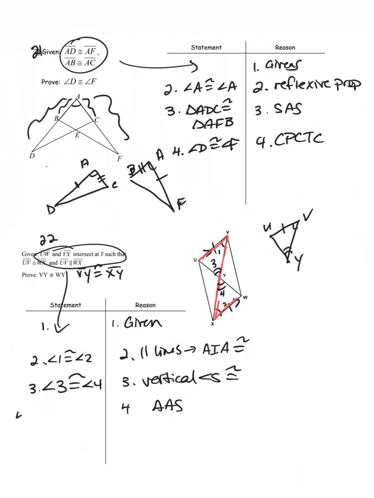Okay, so triangle UVY is congruent to triangle WXY by angle, angle, side, because the side is not included between the 2 angles. And then VY is congruent to XY. And the reason for that is because of CPCTC.